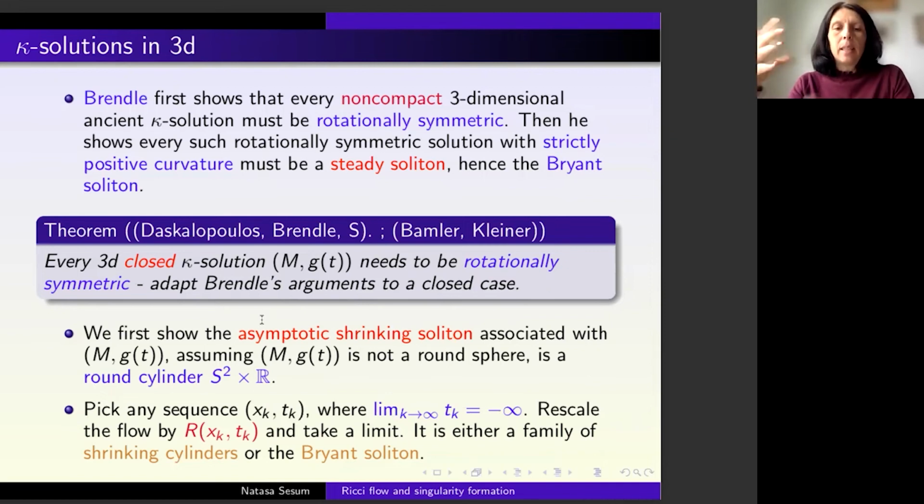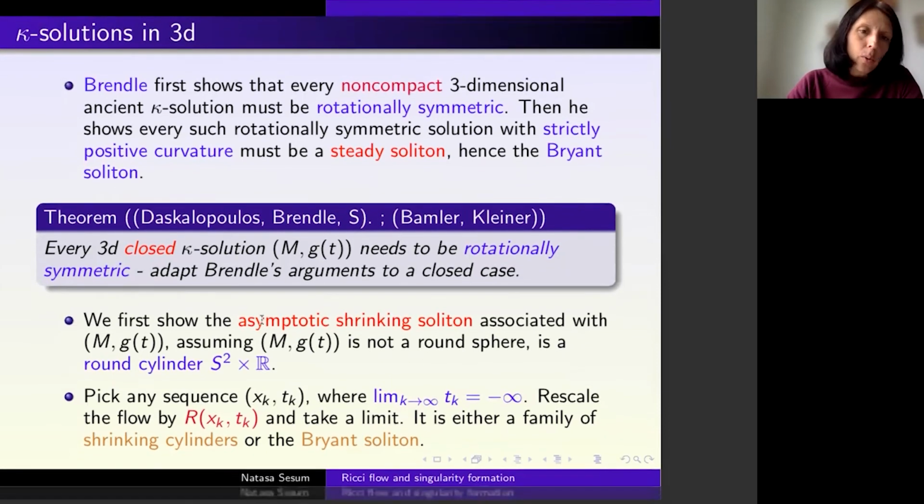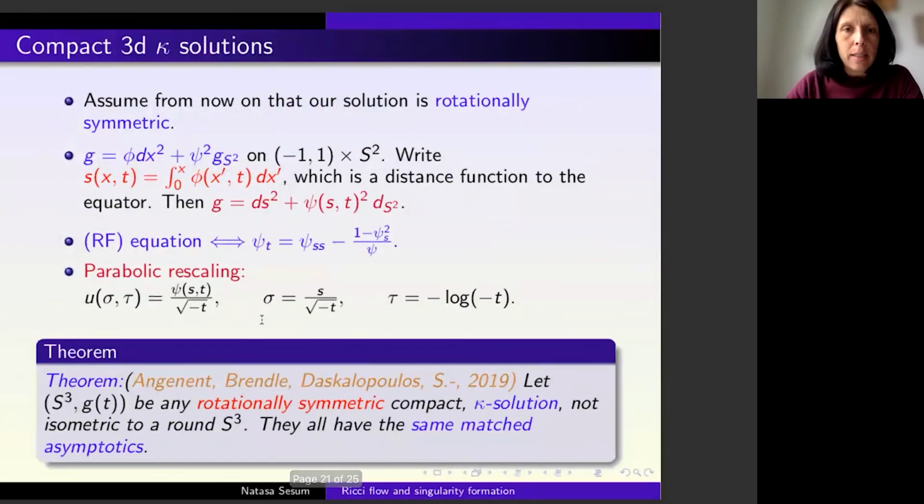So this means that if I look at my solution and go to time negative infinity, no matter how I rescale, I always see something in the limit which is rotationally symmetric. So this should indicate that my solution, because it is an ancient solution, should have some rigidity, and maybe should also be rotationally symmetric itself. These are the main steps that you prove first, which indicate that what you are aiming for is correct, and then you do more work to prove that you indeed have rotational symmetry.